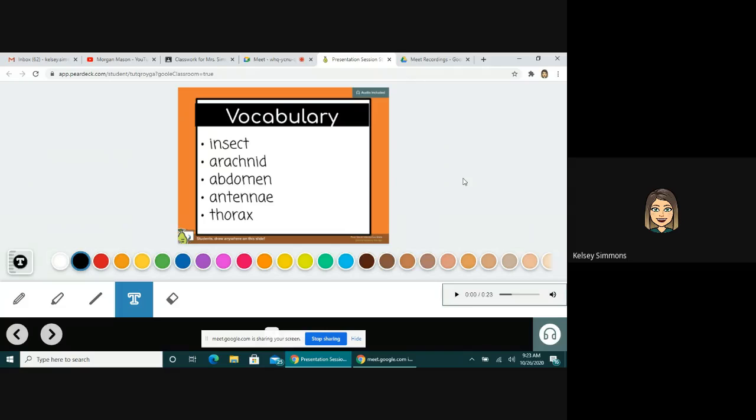So let's take a look at our vocabulary. So we have the word insect. What is an insect? How could we define what an insect is? Well, I remember that an insect, I'm going to click down here on my text, has 6 legs.